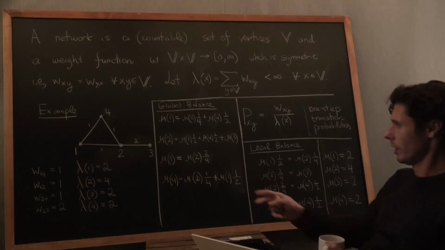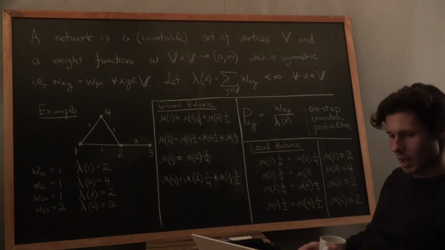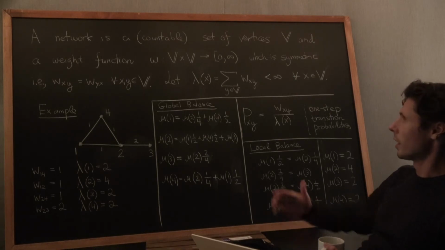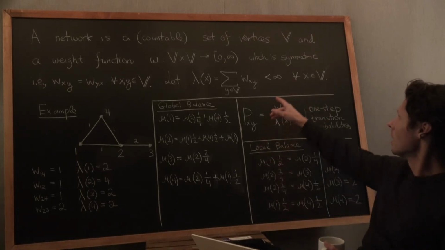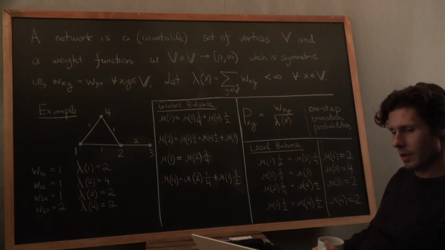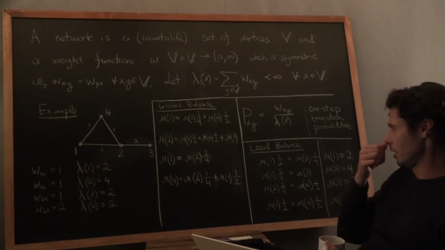So the values for lambda now match the values for mu, and in fact it turns out that lambda is going to be the stationary measure, not quite the stationary distribution, for any random walk on a network like this, as long as the lambdas are finite. That's something you're going to explore more in homework too, so I won't mention anything additional.